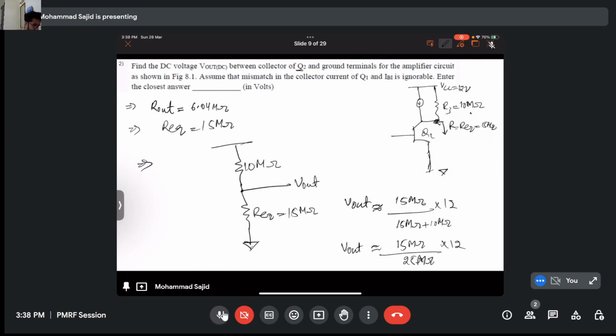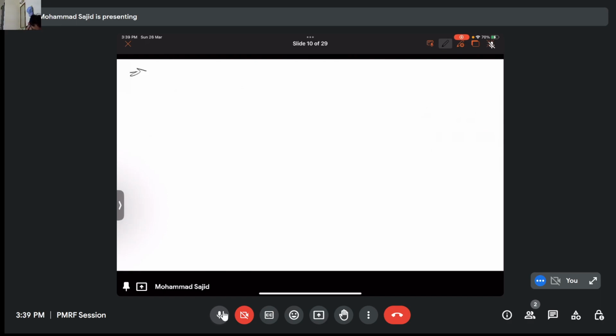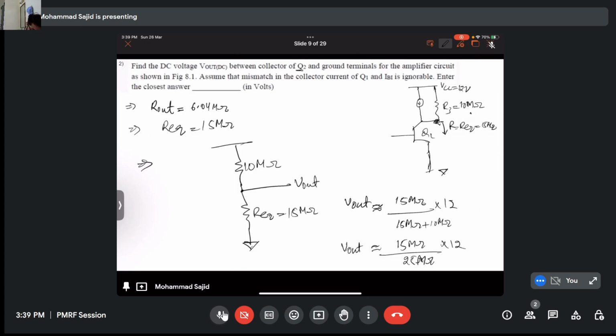That is VCC. Right. That is 15 divided by 25 into 10. That comes out to be V out, 7.2 volt.